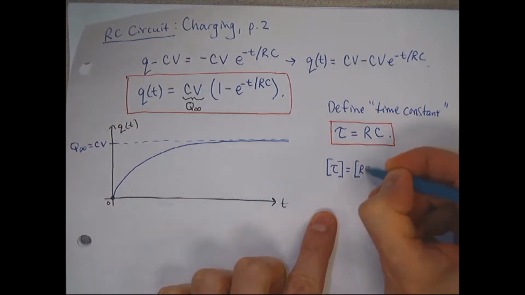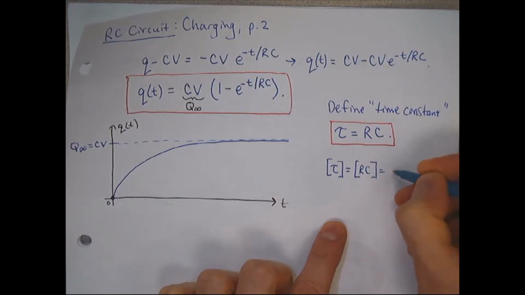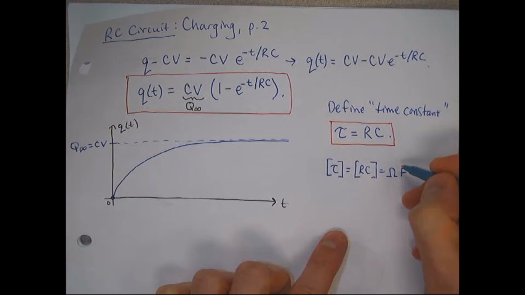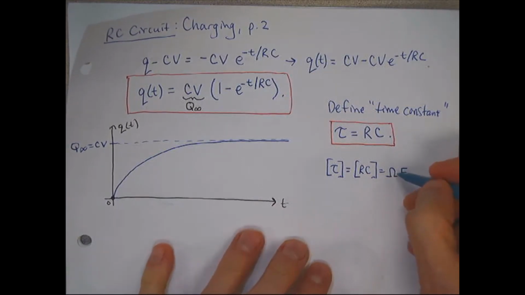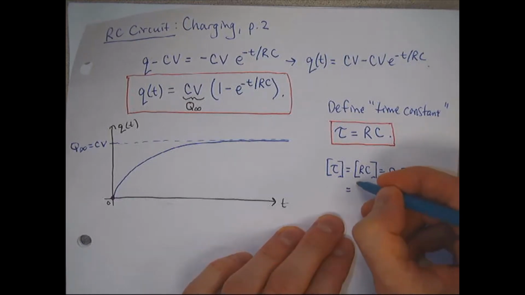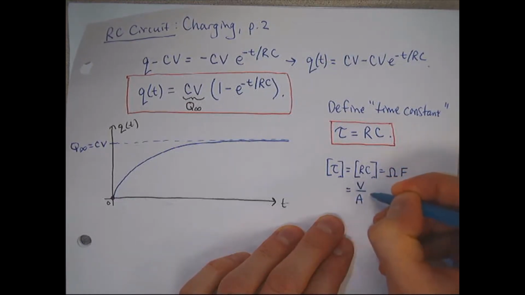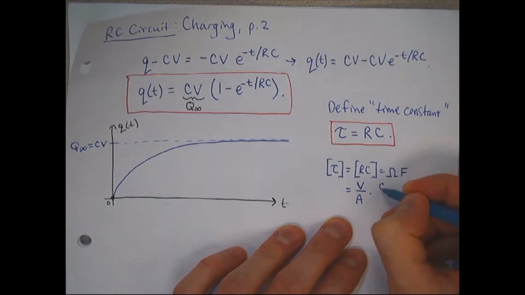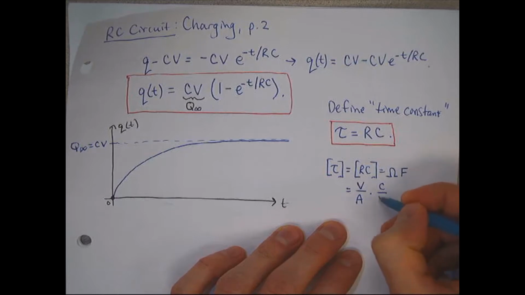The units of RC are the ohm times the farad. Remember, an ohm is a volt per amp, and a farad is a coulomb per volt.